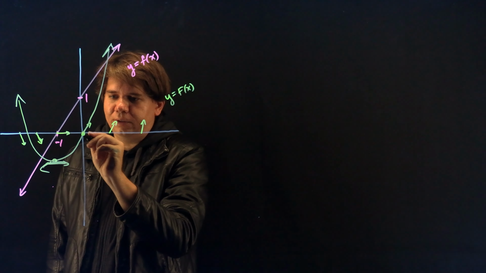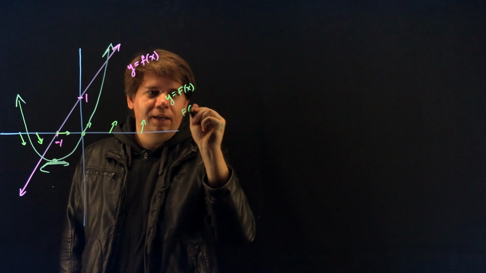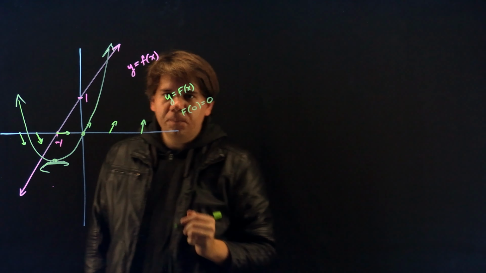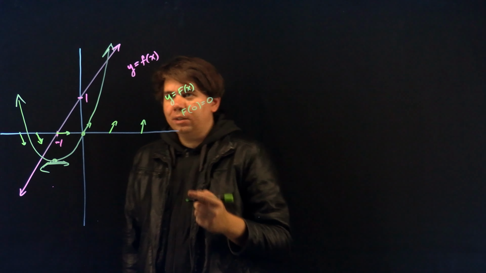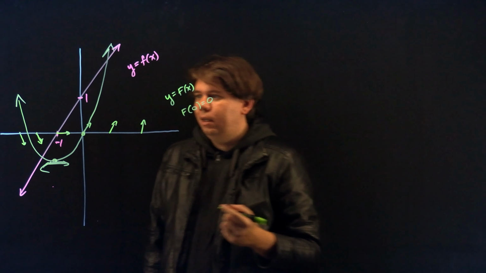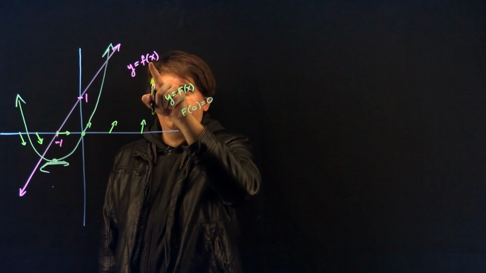Now, I drew this particular one so that the antiderivative passed through the origin, so it satisfied F of 0 equals 0. But I could draw several other antiderivatives that have the same derivative f.